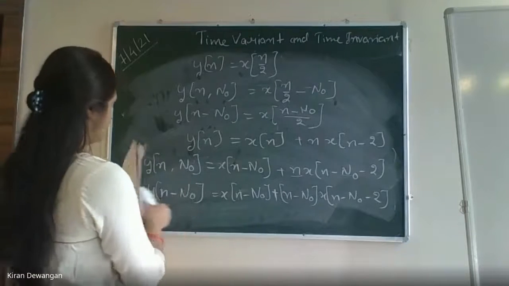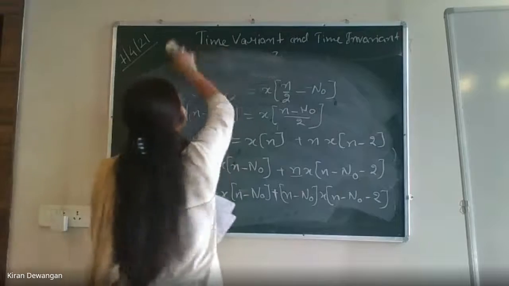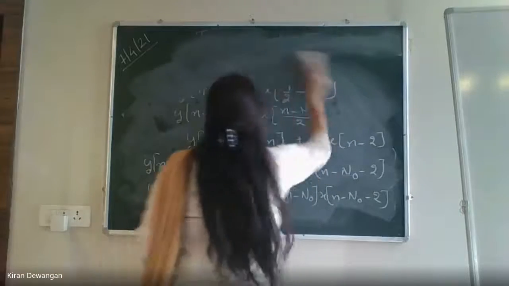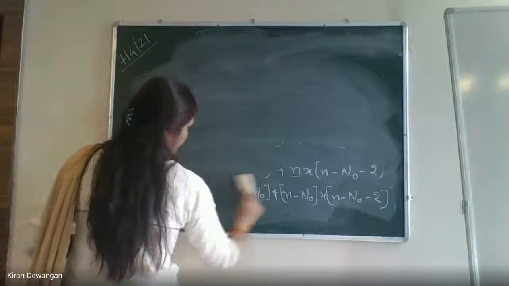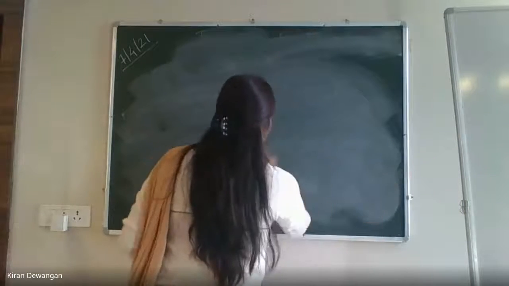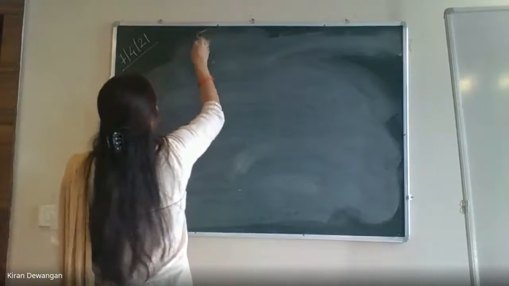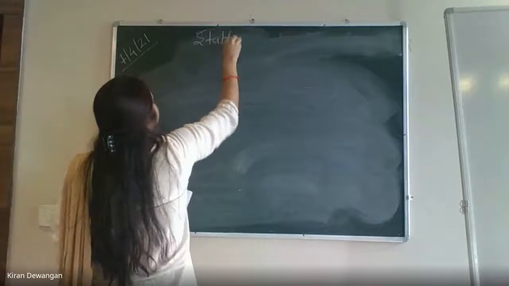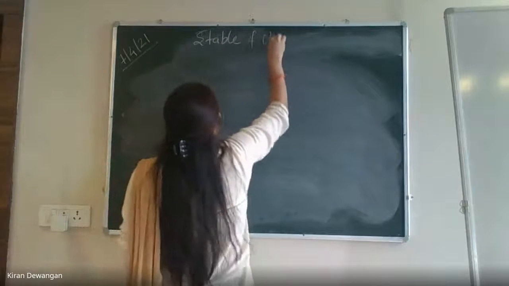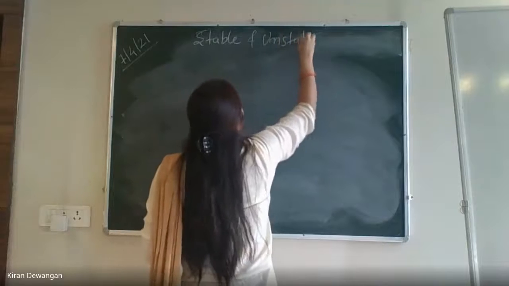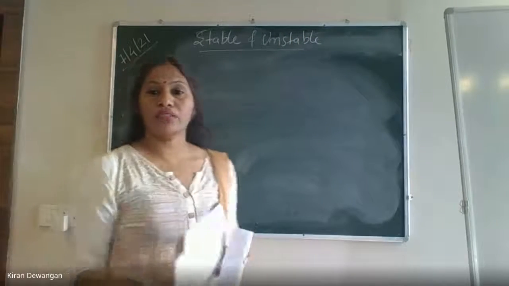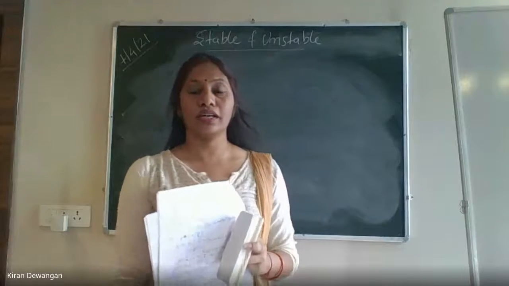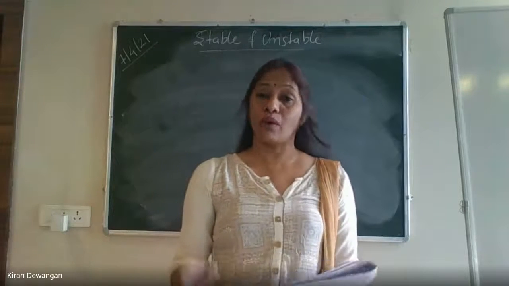Now we'll go into another set of systems, which is stable and unstable system. Okay? Now when we are talking about stable and unstable system, the important thing that we should know is a bounded signal.